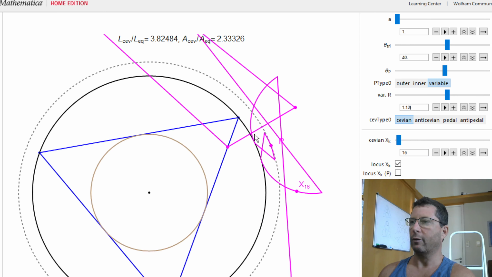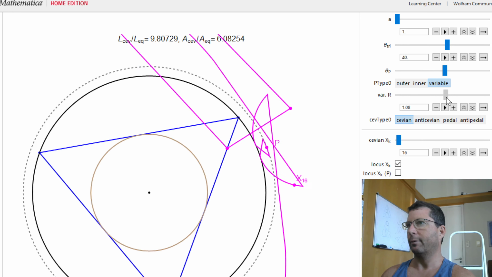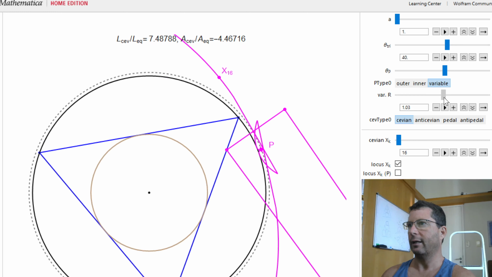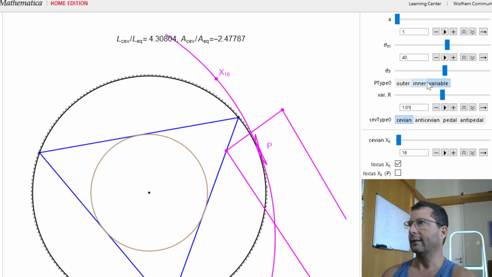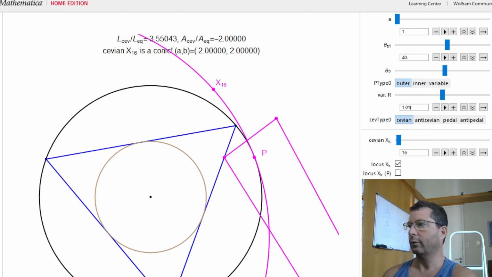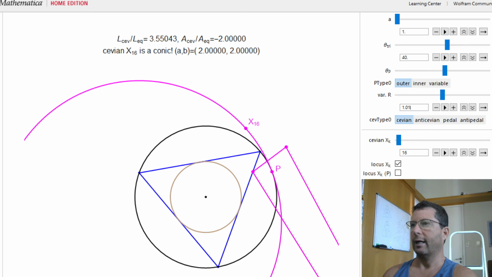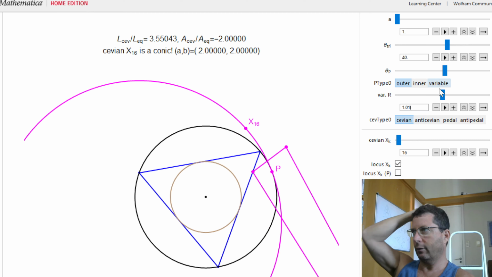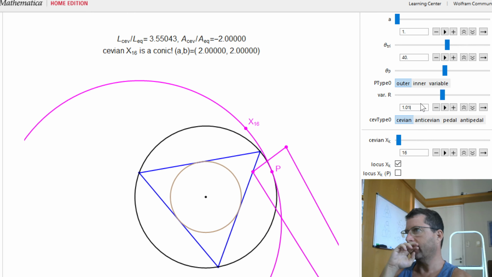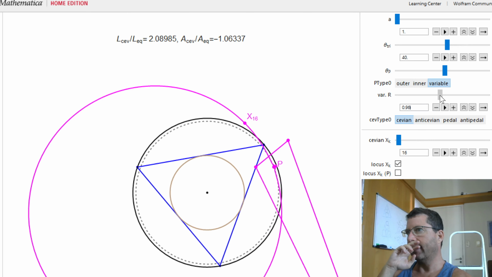X16 is this complicated piecewise circular or conic shape with many discontinuous jumps. But when P approaches the circumcircle, recall that X16 was a circle tangent to my circumcircle at P. How about when now P goes inside the circumcircle? Let's do that.